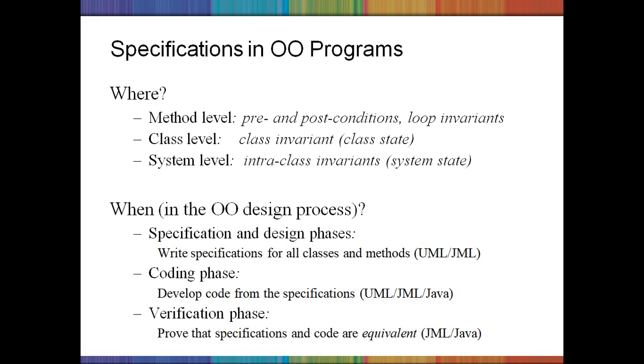So, the specification and design phase. Write specifications for all classes and methods using UML or JML. People usually neglect this UML topic, but UML design plays a major role in project development, especially in projects that involve object-oriented programming languages.